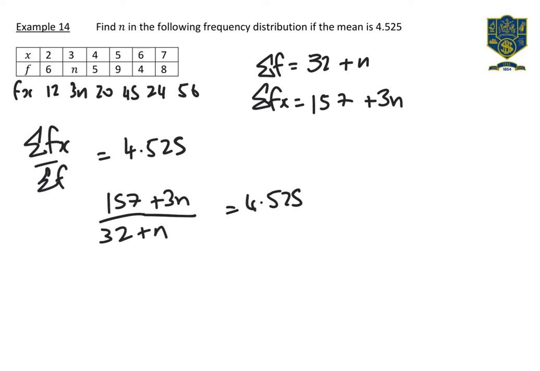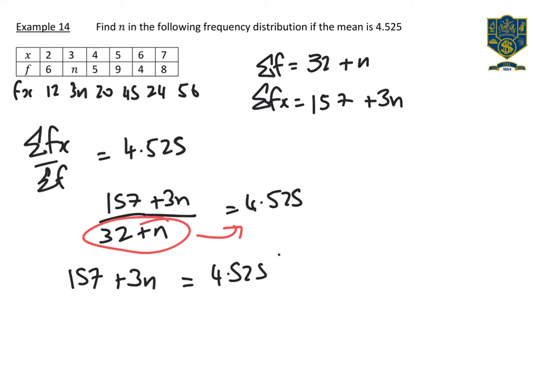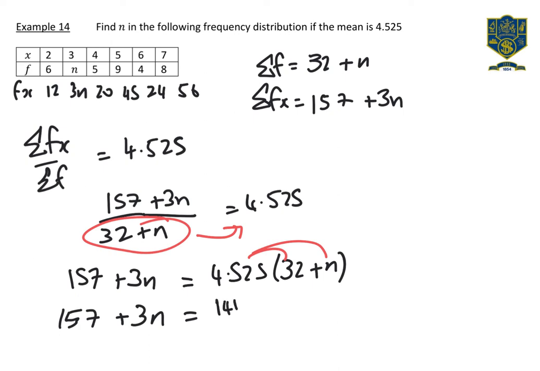So if we multiply up by the bottom, we get 157 plus 3n is going to equal 4.525 times 32 plus n. So if we expand out the bracket, so multiply everything inside the bracket by the 4.525, we get 144.8 plus 4.525n.